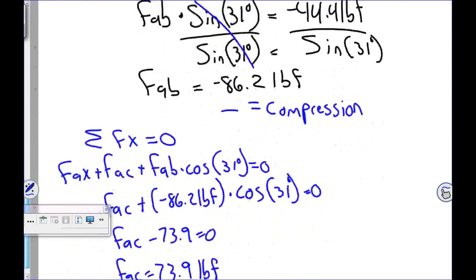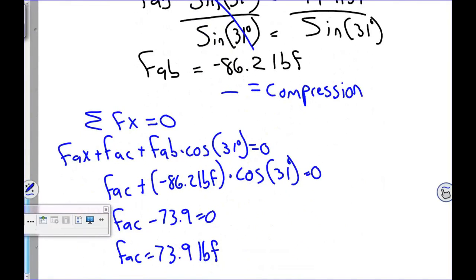So back up to that space where I told you to leave a little bit of space. It was this equation here. FAX, FAC, FAB cosine 31. We said FAX is 0. We're solving for FAC. We know FAB. Make sure to include your negative. You don't need to rewrite anything. So you're writing this second part right here.